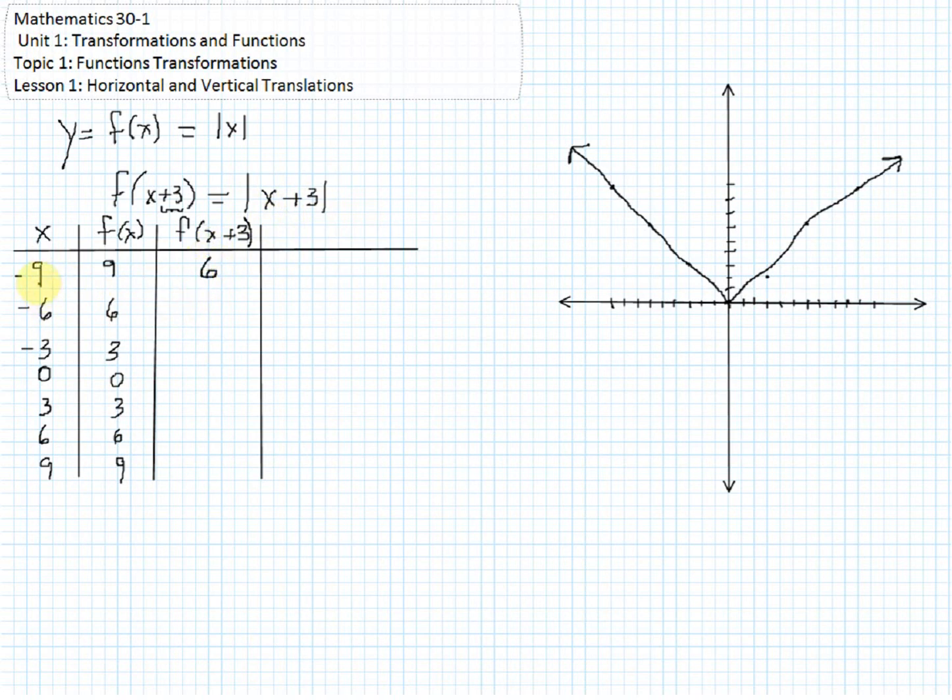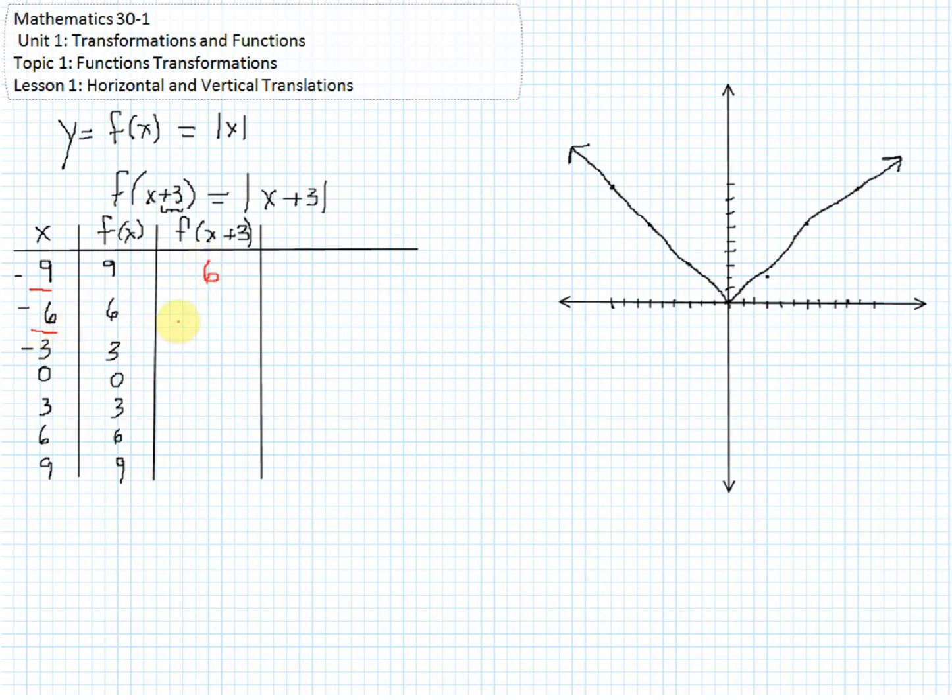I want to change that, I'm going to make that red. Maybe I'll just erase that and write it in red. Sorry about that. So when we have the -9 as our x, our f of x plus 3 becomes +6.